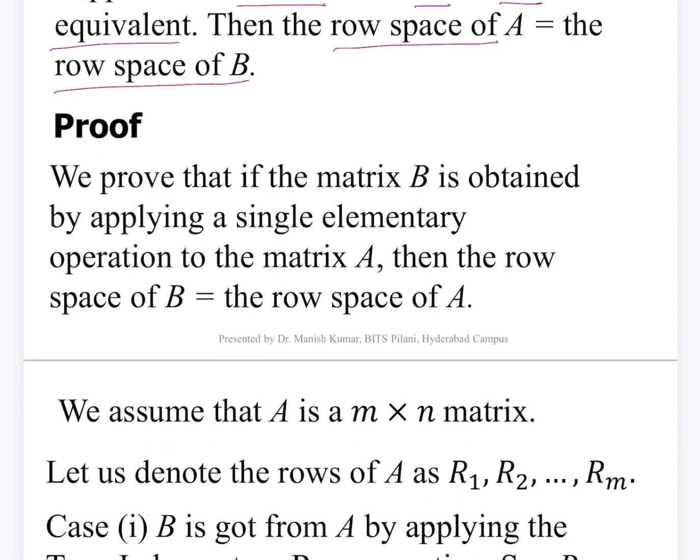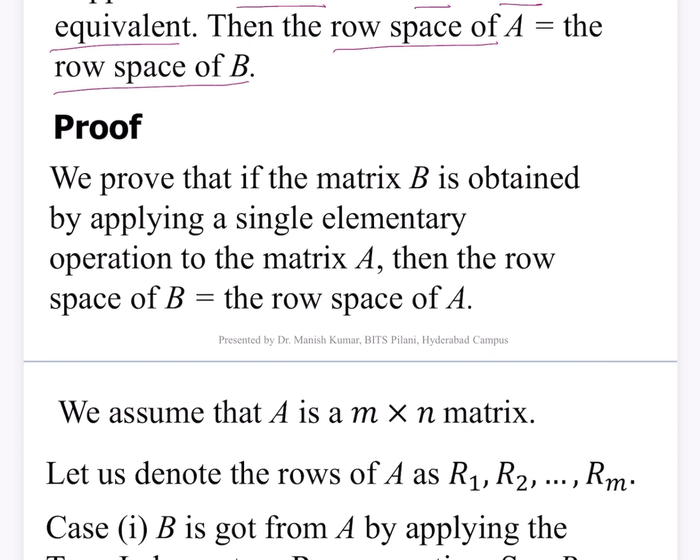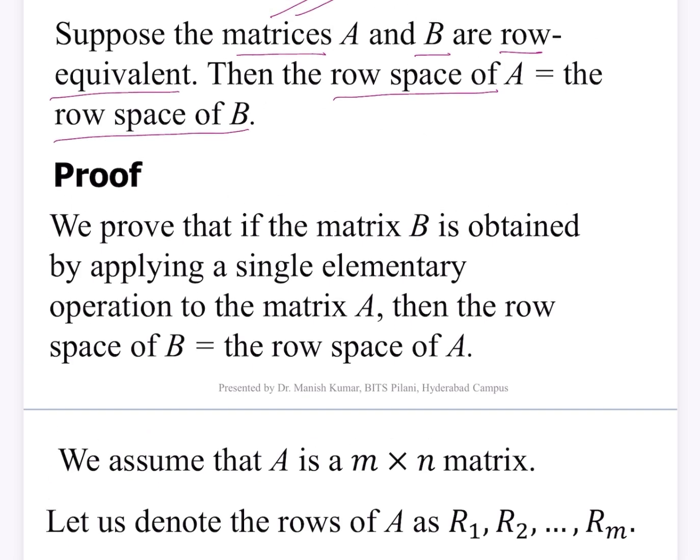Let us see how to prove that. Row equivalent means the solution set of matrix A is the same as the solution set of matrix B, right? So B can be obtained after applying suitable elementary operations on A.